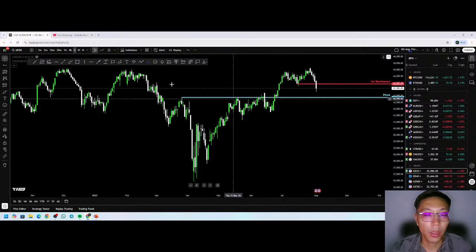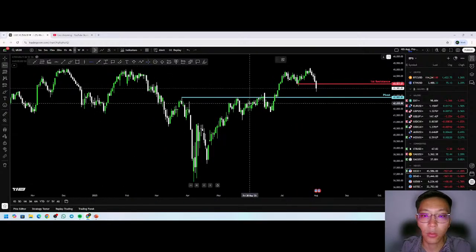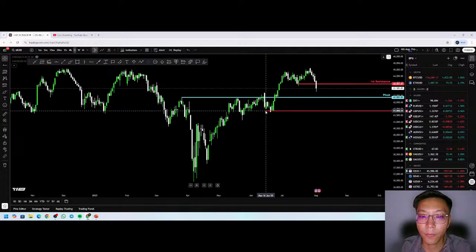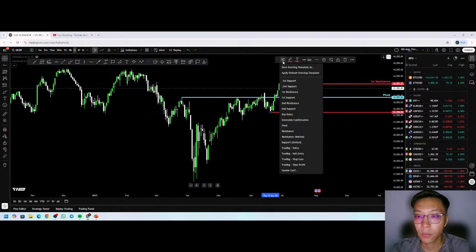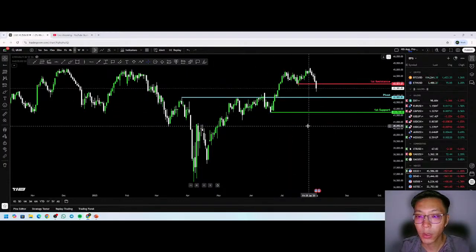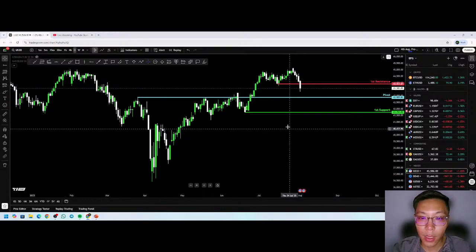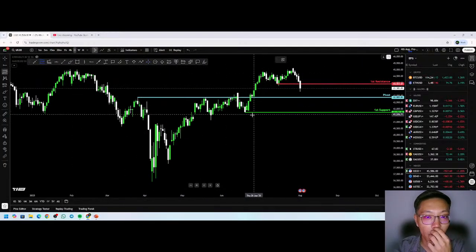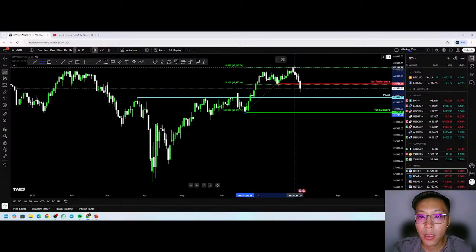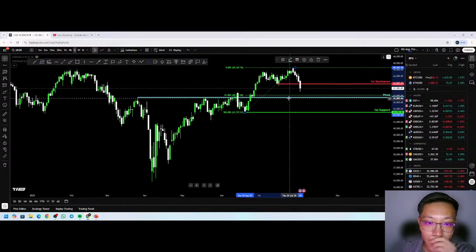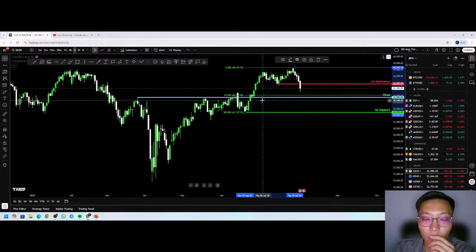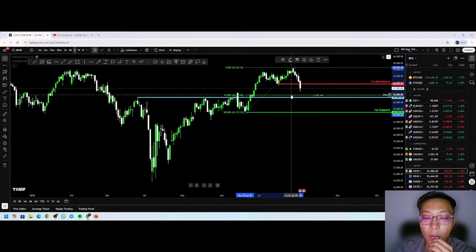Then what's next is you could look at this as your first support. So these two levels are something that I am looking at. Then I think this aligns nicer, slightly at the 61.8% Fibonacci retracement level.